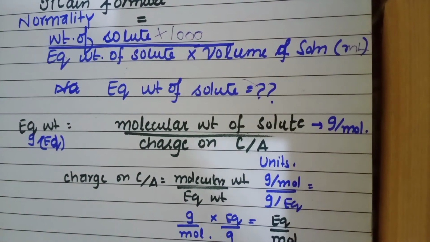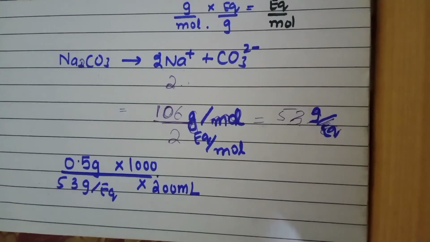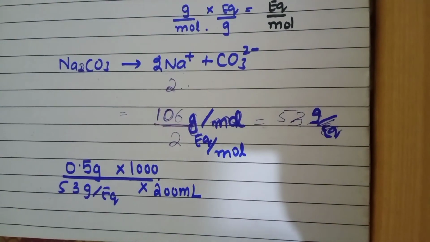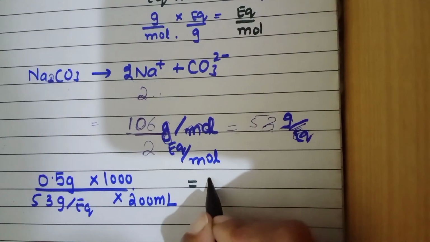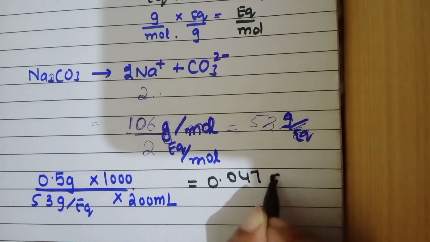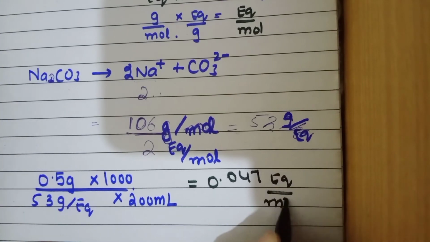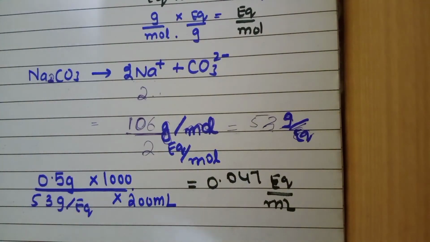Now we are going to put all these in this formula, and we have finally found that the answer to this numerical is 0.047 equivalent per ml. So this is the entire answer of the numerical we have just done.